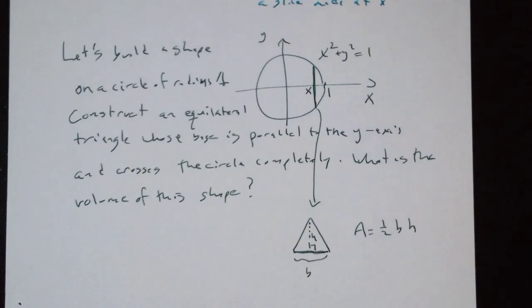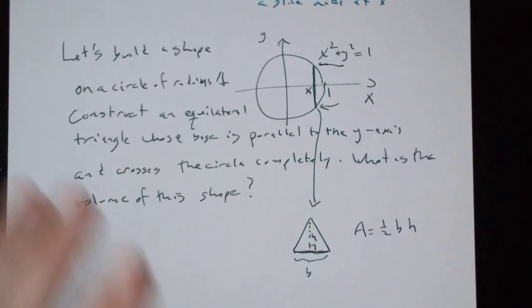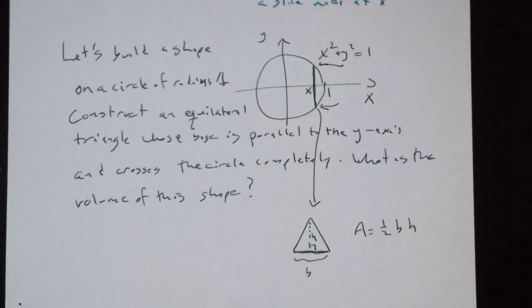So my question to you now is, how long is that line? The answer is top minus bottom. So I need a y value for the top. I need a y value for the bottom. Clearly, that's going to depend on what my x is, yes? But I can write it in terms of x.